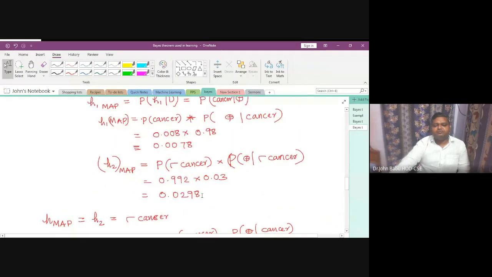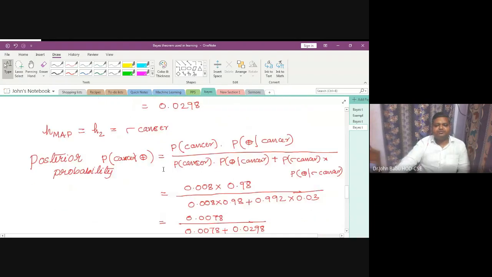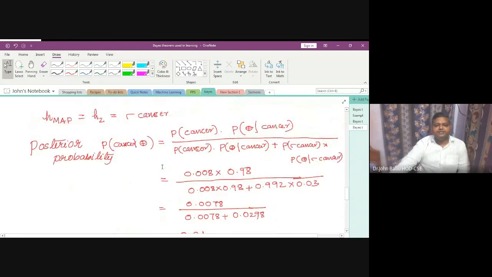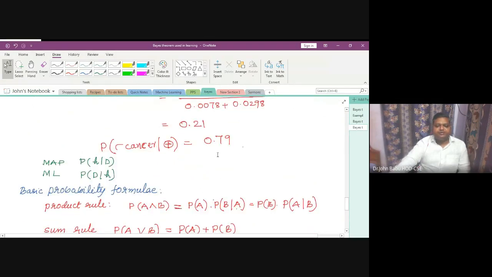This has more probability. This is more. So we select this as the maximum a posteriori hypothesis. What is that hypothesis? People don't have the cancer. It is not 100% true, but it is 79%. That means almost 80% true.